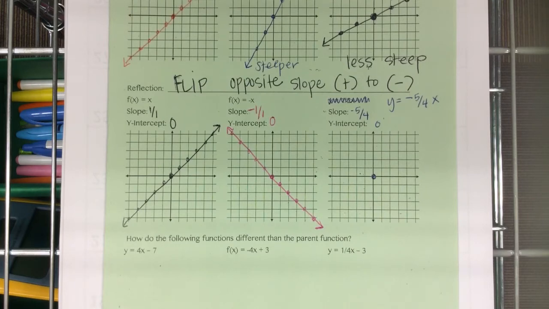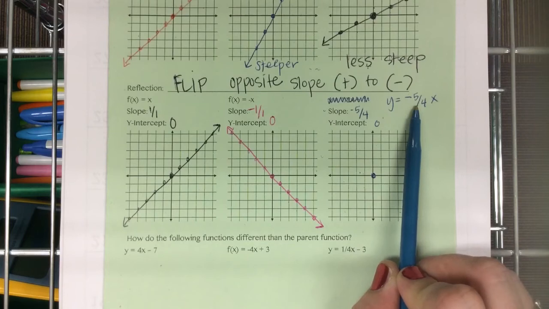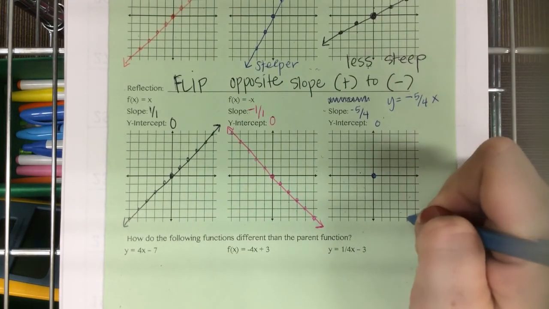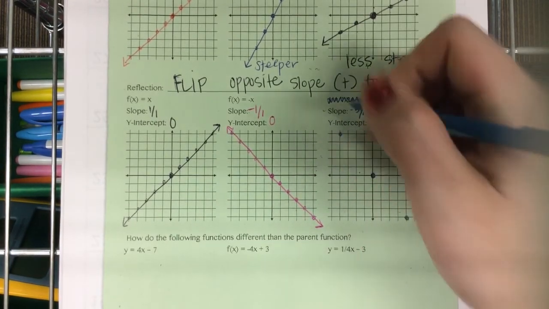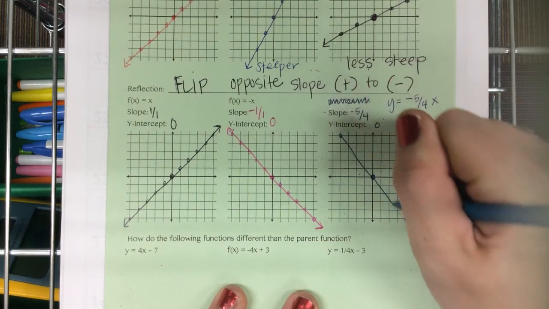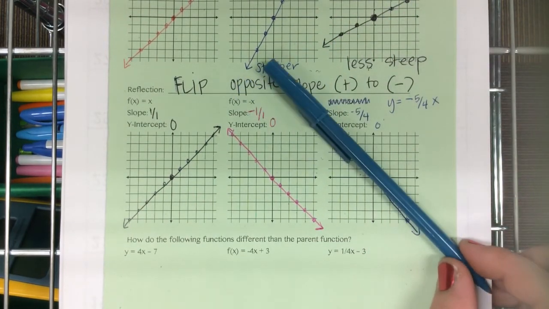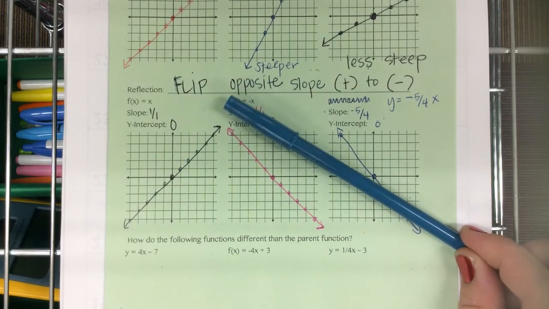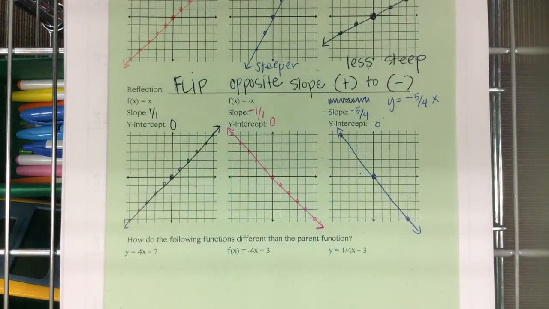The bigger the number, the steeper the graph. Just because it's a fraction doesn't necessarily mean it's going to be less steep. Negative 5/4, positive 5, negative 4. It's a little bit steeper than the parent function, right? The parent function is right here. This is a little bit steeper.